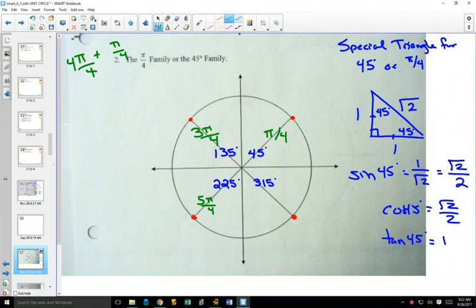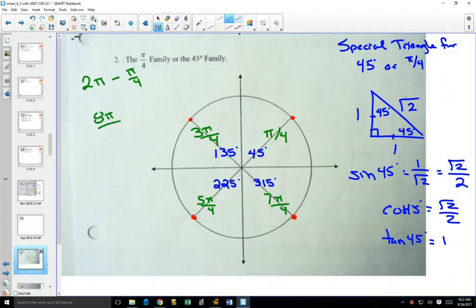And finally, in quadrant 4, it's going to be 7 pi over 4. Because you're going to think, well, I'm going to have to do 2 pi minus my reference angle. And again, I need to have a common denominator to do that. So I need to change 2 pi to 8 pi over 4.